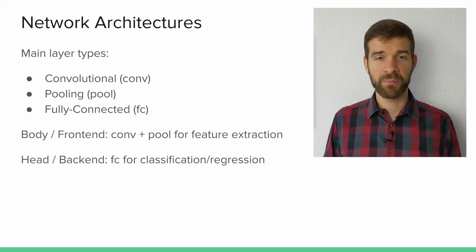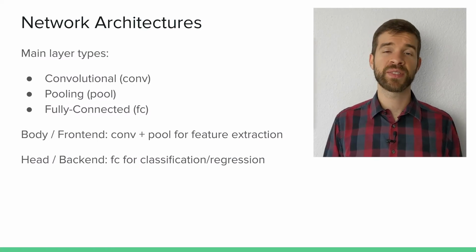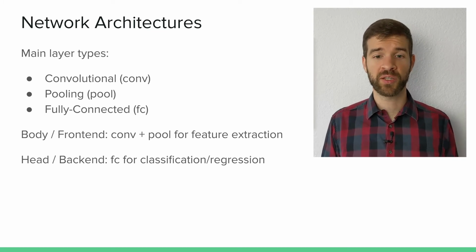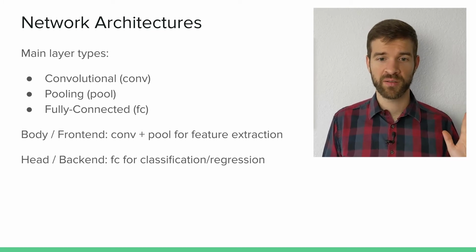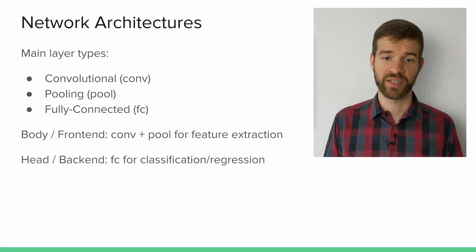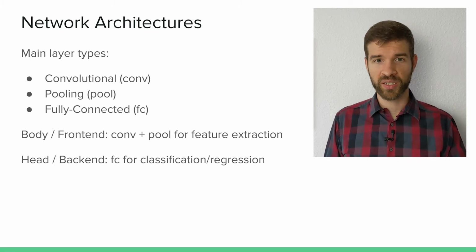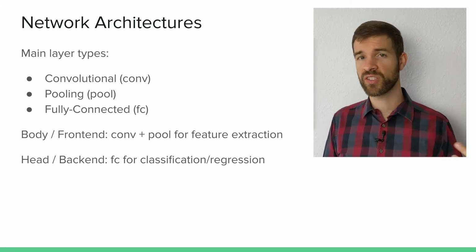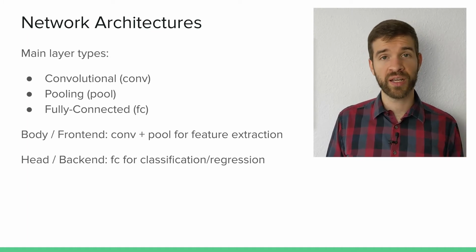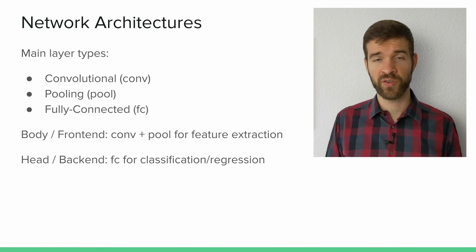The main layer types that we will be using when we talk about image processing with neural networks are 3 types: a convolutional layer, a pooling layer, and the fully connected layer. In the body, the front end where we try to extract features, we typically only use convolutional and pooling layers to extract these features.